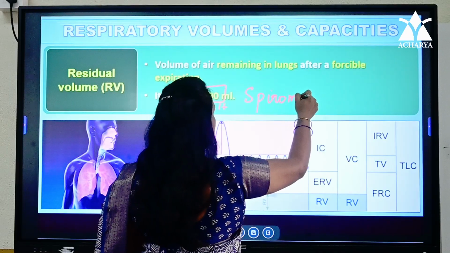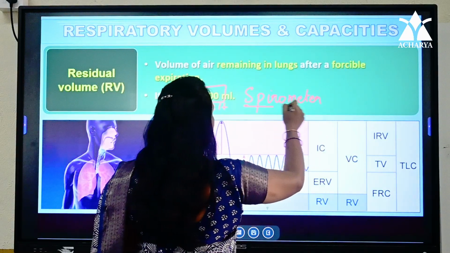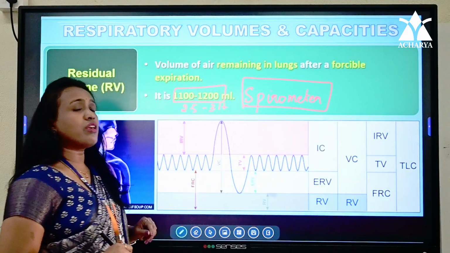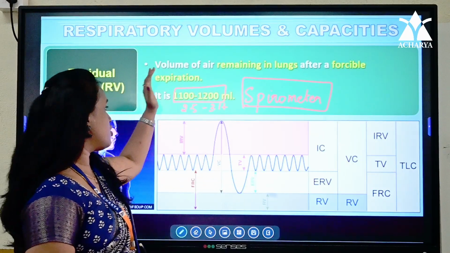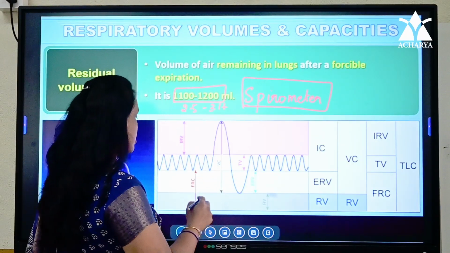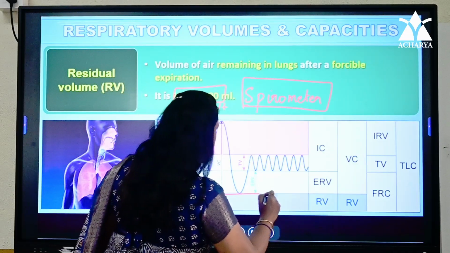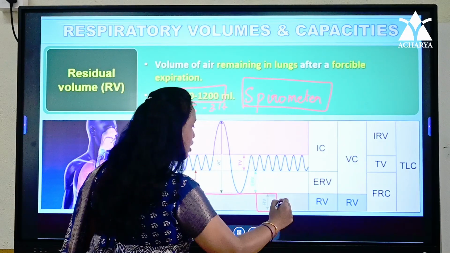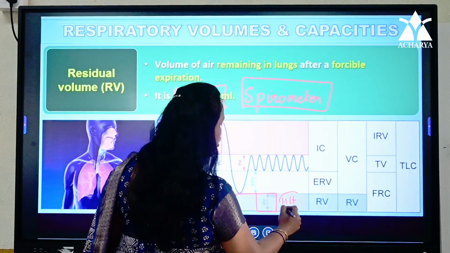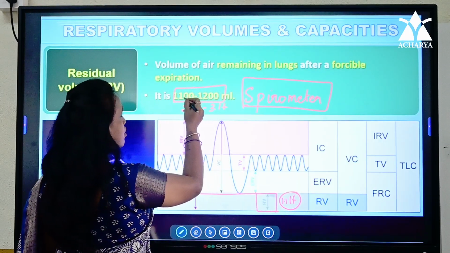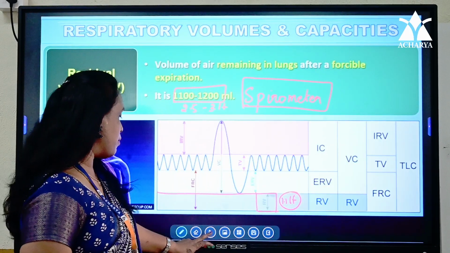The spirometer is the instrument through which we measure the volumes of our respiration. Fine. So residual volume is this amount, children, which is still present in our lungs, which is 1.1 liters, or 1100 ml.